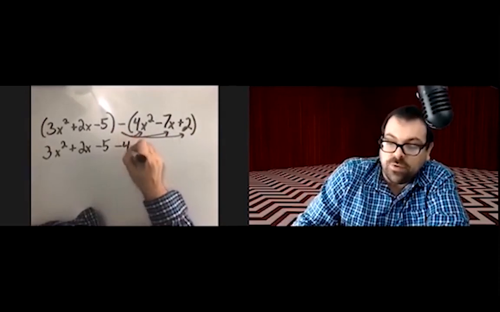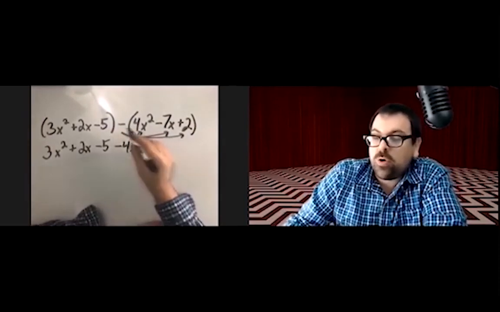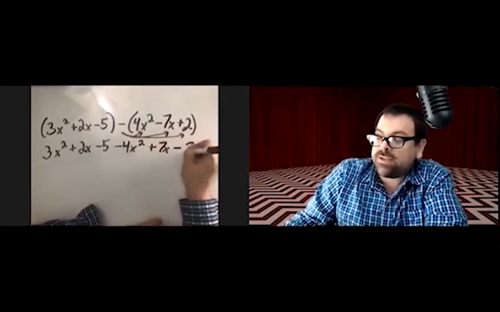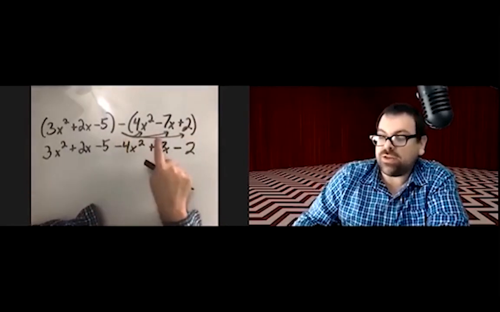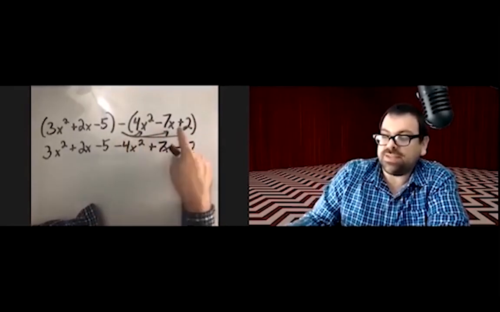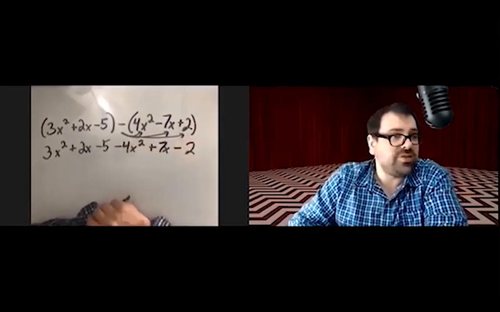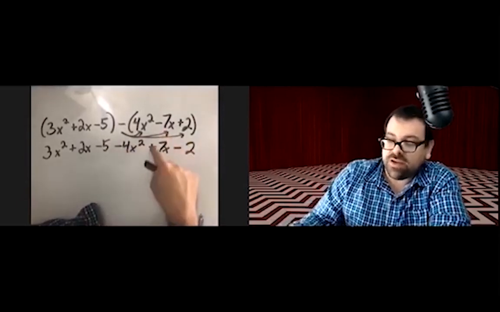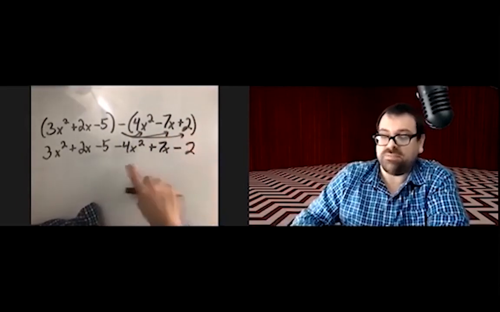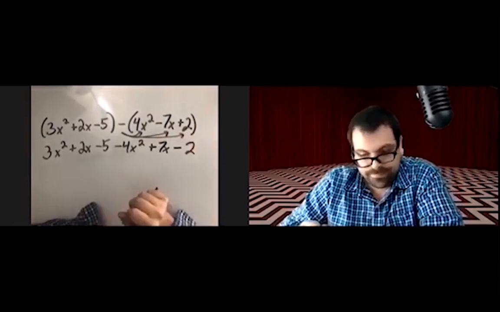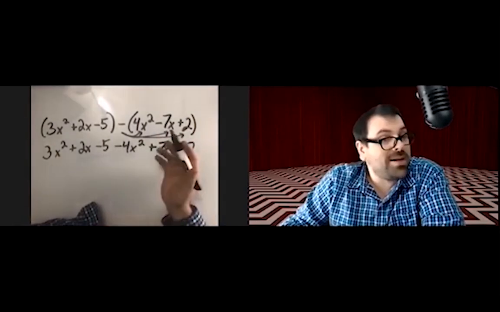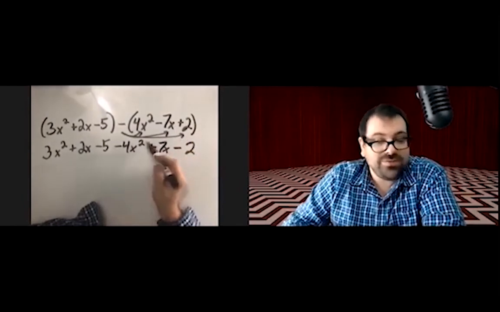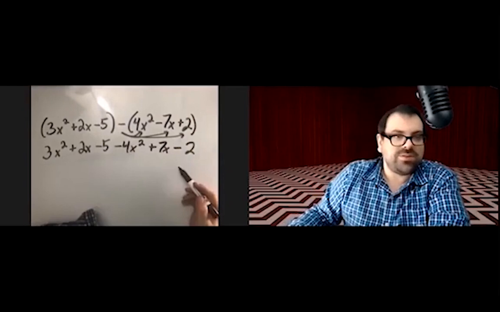Minus 4x squared plus 7x minus 2. So again, can't just drop the parentheses because the signs of everything inside have to change. Positive becomes negative. Negative becomes positive. Positive becomes negative. But now, parentheses are gone through distribution of the negative, and we just combine like terms.